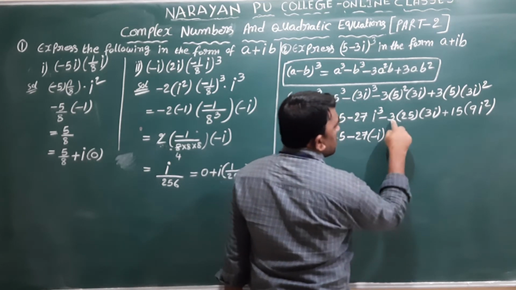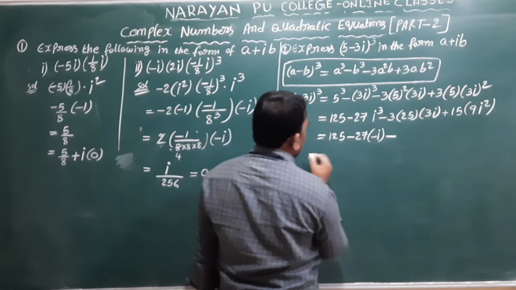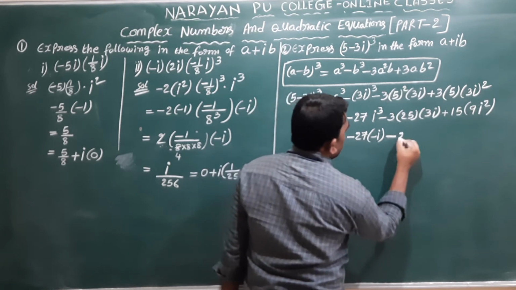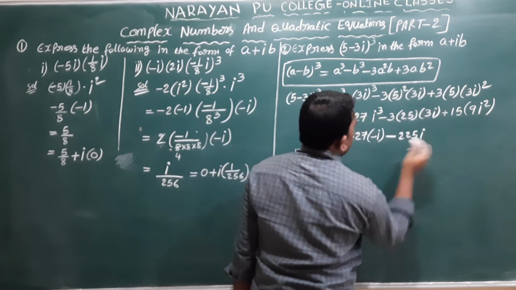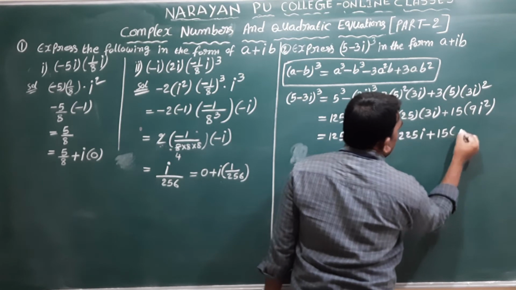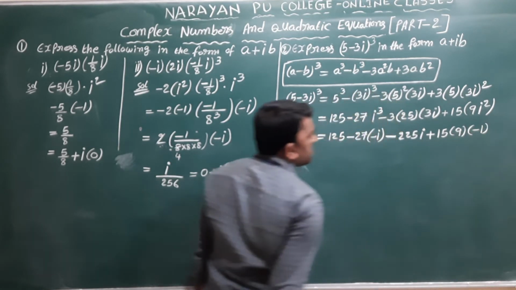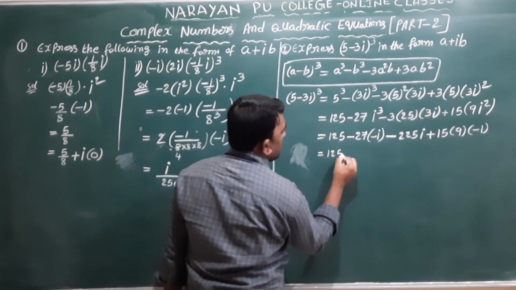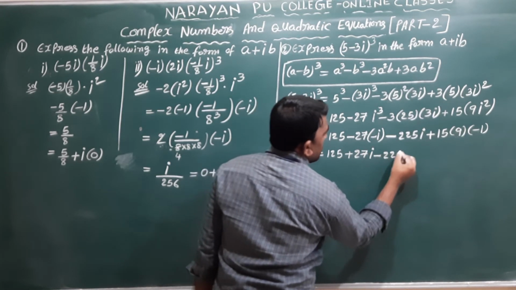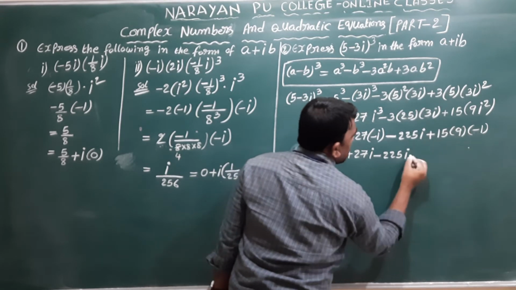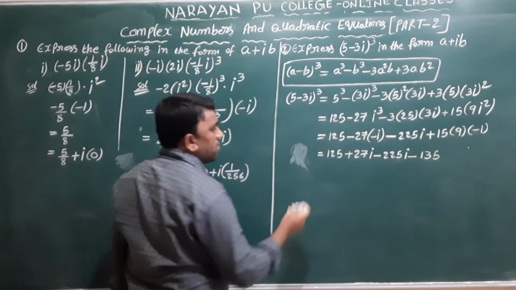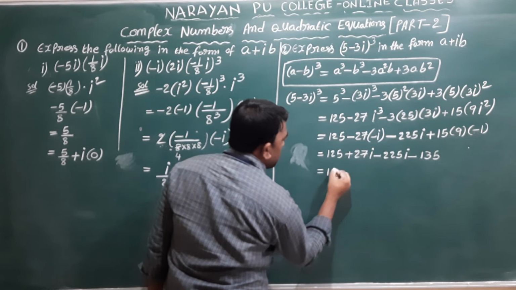So this one, 3 threes are 9, 9 into 25 is 225i, plus 15 into 9 into i square, which is minus 1. 125 minus of minus plus 27i minus 225i, plus into minus 15 into 9 is 135. So minus 135.